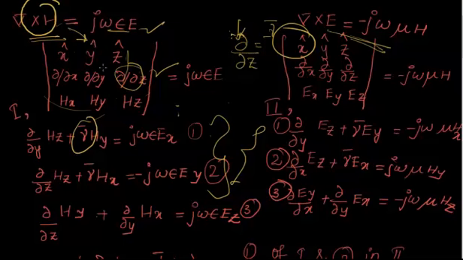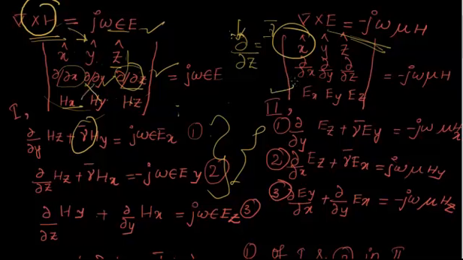Expansion of this determinant is like x cap into dou by dou y into Hz minus dou by dou z into Hy, minus y cap into dou by dou x into Hz minus dou by dou z into Hx, plus z cap into dou by dou x into Hy minus dou by dou y into Hx.